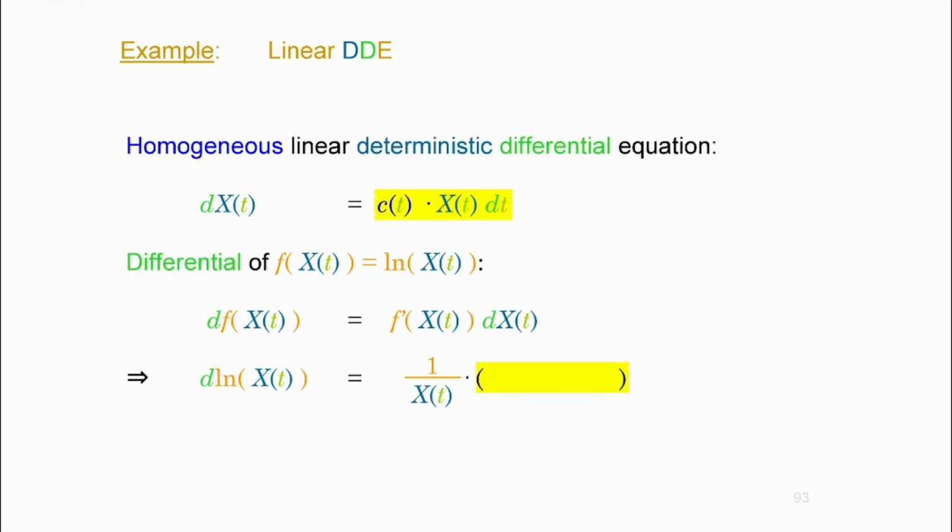It is a function itself. As you see, you have x in the denominator as well as in the numerator, so that goes away, and then you have just c versus the differential time involved. So this is the change.